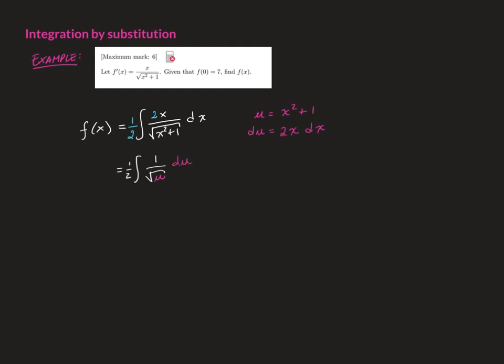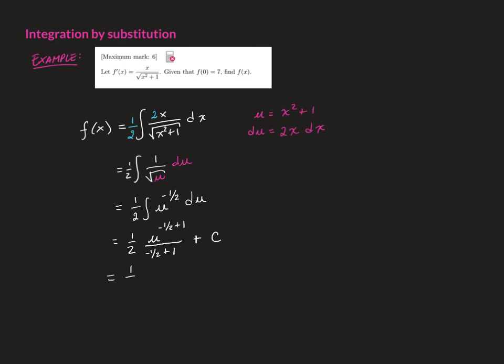Now, I don't know the integral of 1 over root of u, but I can rewrite this integral as a power of u by taking a fractional exponent. I can say u to the power of minus 1/2 du. And I can integrate this using the power rule. So that's going to be 1/2 times u to the power of minus 1/2 plus 1, divided by the exponent, minus 1/2 plus 1, plus the integration constant c.